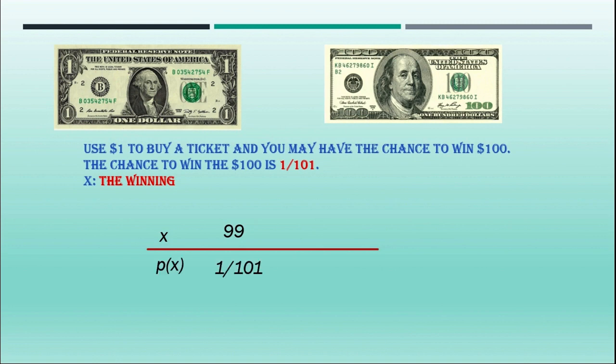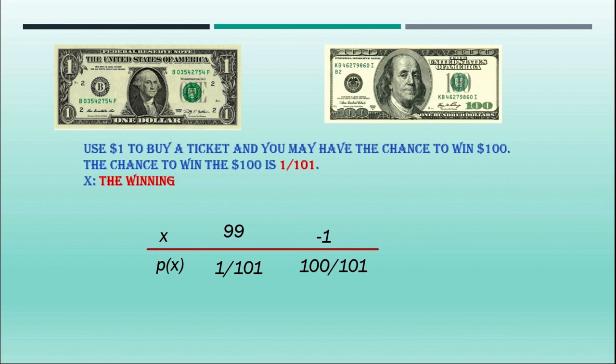If you do not win the $100, you lose $1 to buy the ticket. So the winning is -1. The corresponding probability is 1 minus 1 over 101 because the summation is 1 totally.